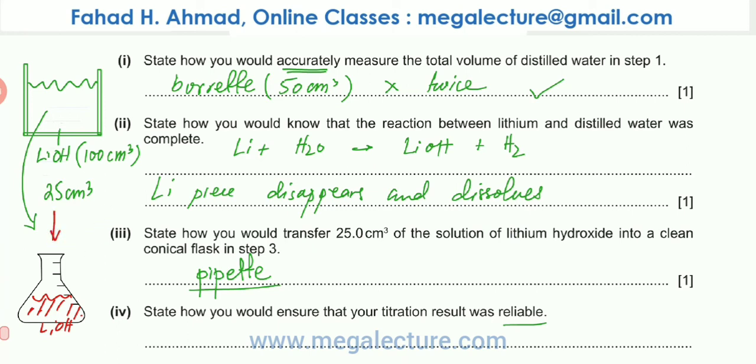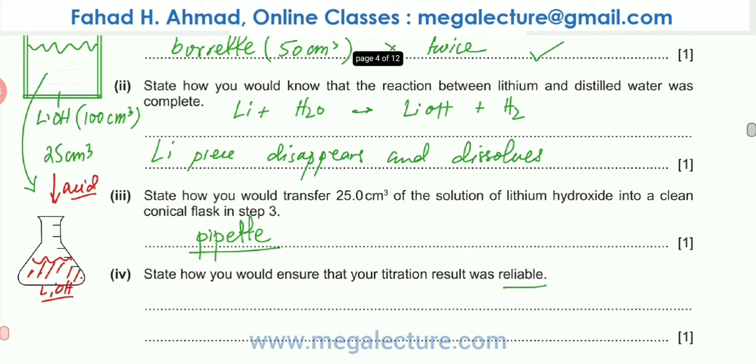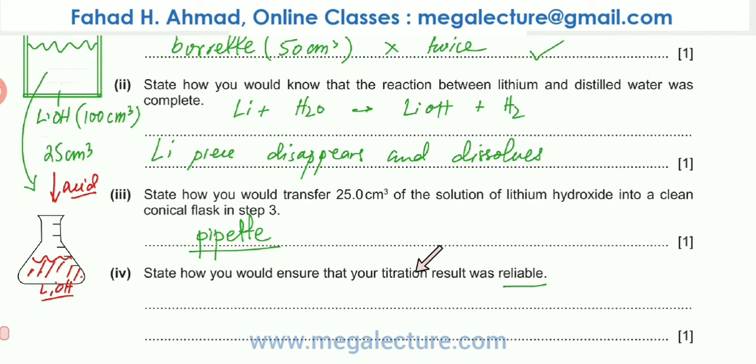You're going to take a burette and pour in an acid of known concentration to figure out the lithium hydroxide. It's a metal hydroxide, so it's a base. You're going to figure out what amount of acid is required to neutralize the lithium hydroxide in the solution. So the question is, how would you ensure that your titration results were reliable?